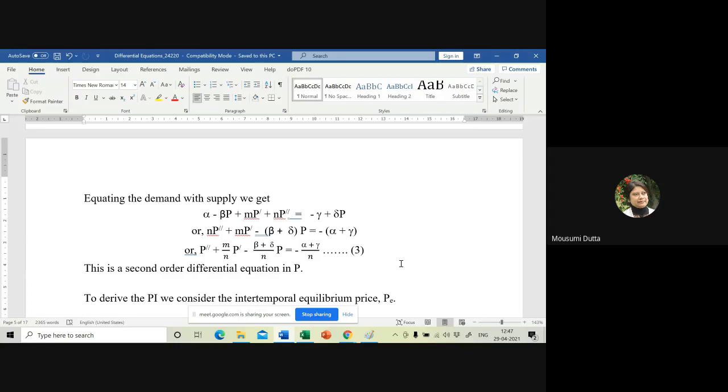I'll tell you to write down the values for the two roots R1 and R2 from this equation. Consider the homogeneous form of equation number 3 and write down the values of the two roots so that I can check whether my signs and every value is fine or not.